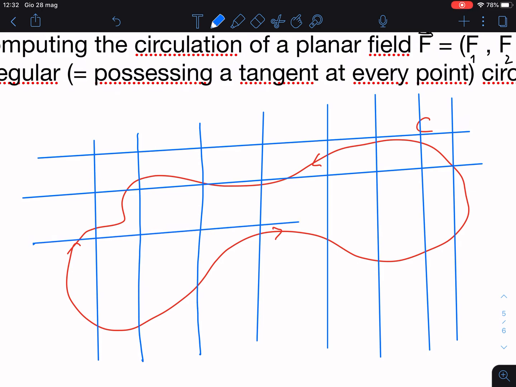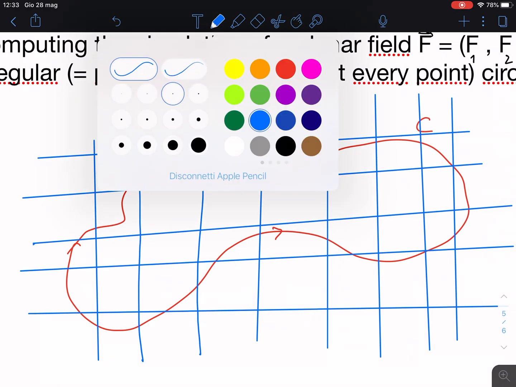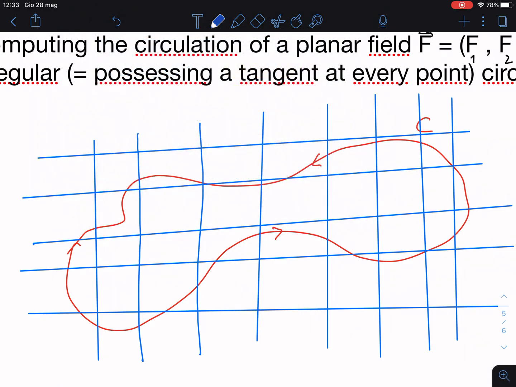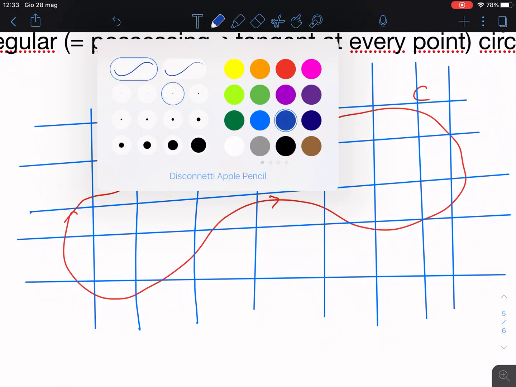I want it to be a little thinner, but okay. So we plug our circuit into a grid.